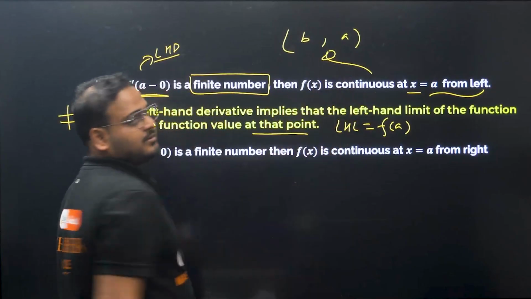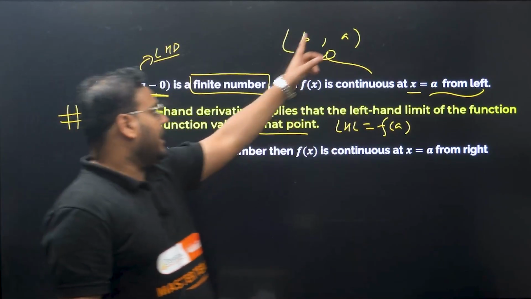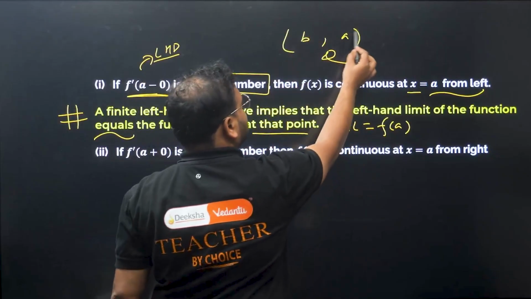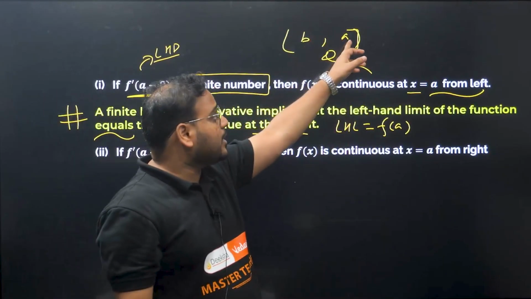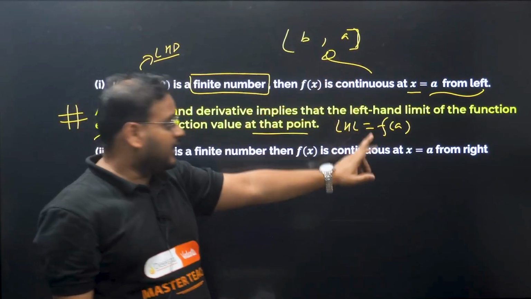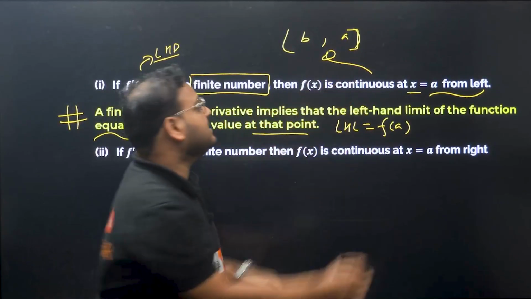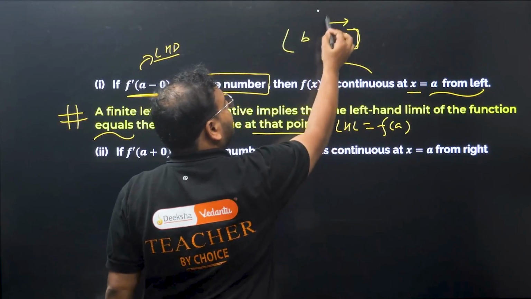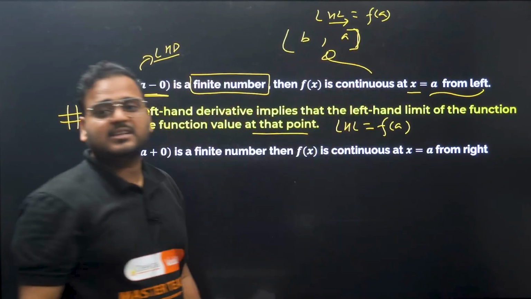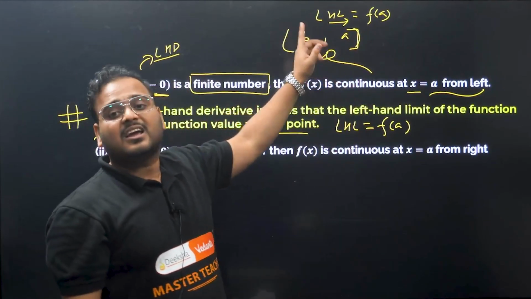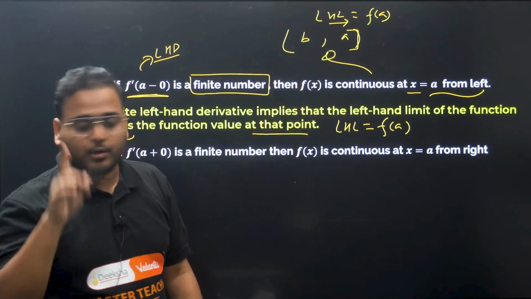Remember the continuity part. At the point a, if I'm talking about it being inclusive, what should happen? The left hand limit should be equal to the function value at a. The left hand limit means from this side. If that is the case, I can say that the function is continuous at the point a. Yes or no? Yes, sir.